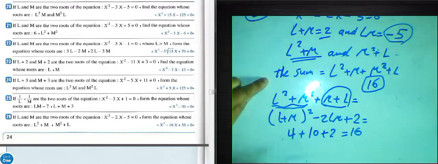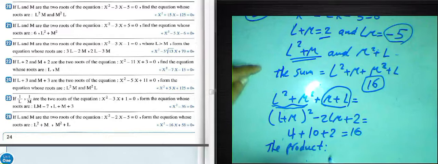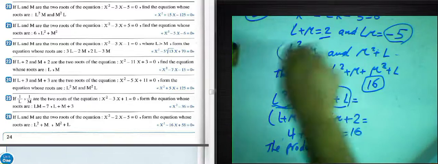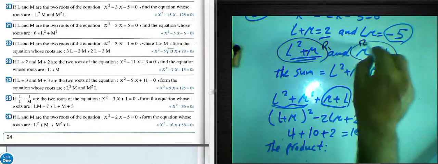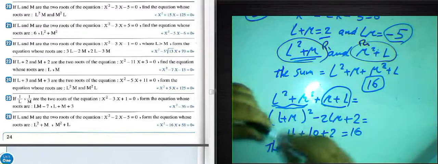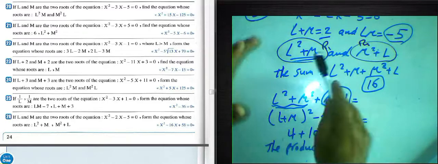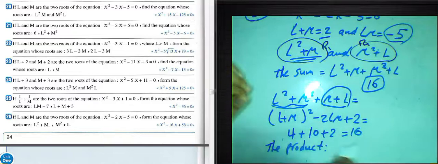We want to find the product of the two roots, root 1 and root 2. Look at it with me here.